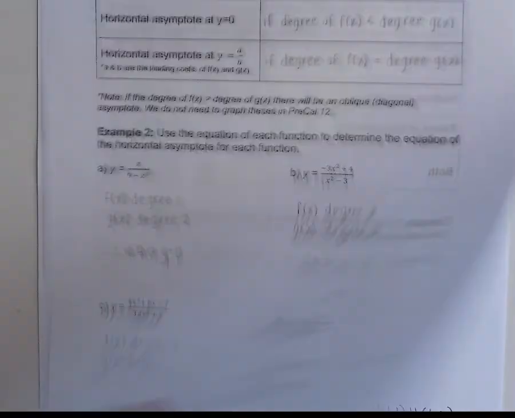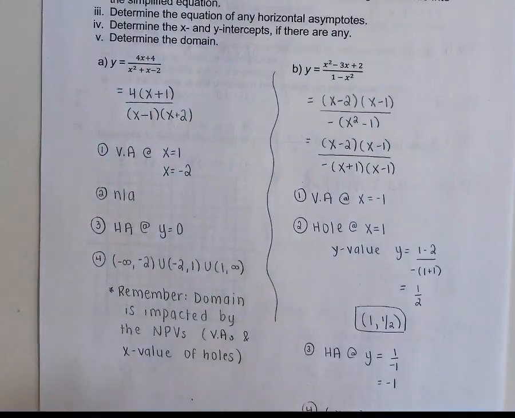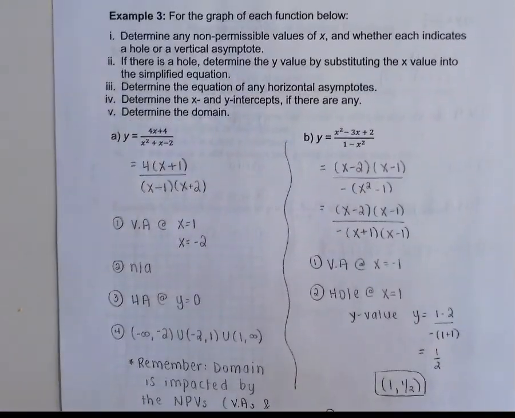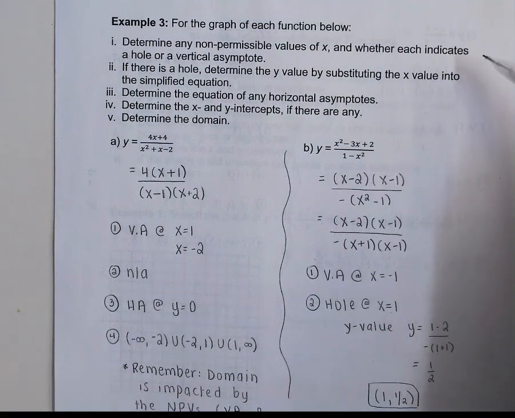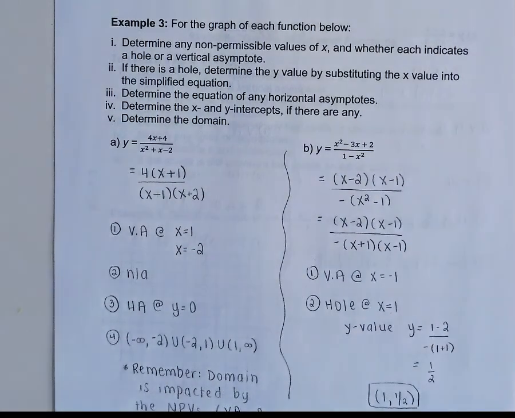Now, if we put this together, on the next 2 pages, I've given you 4 examples where I want you to determine all of these characteristics. So first, determine non-permissible values and determine if it indicates a hole or an asymptote. If it is a hole, you're going to plug the x value into the simplified equation.